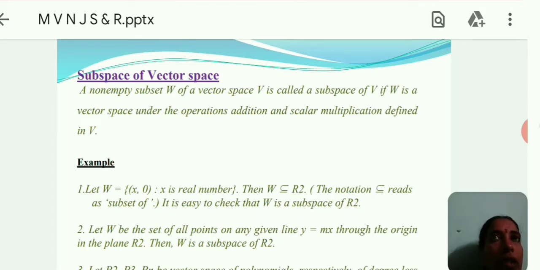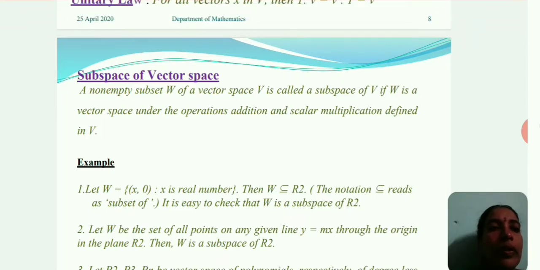See this definition once. Subspace means: let V(F) be a vector space and W be a non-empty subset of V, then W is said to be a subspace of V if W itself is a vector space, that means W satisfies the vector space conditions. What are they?